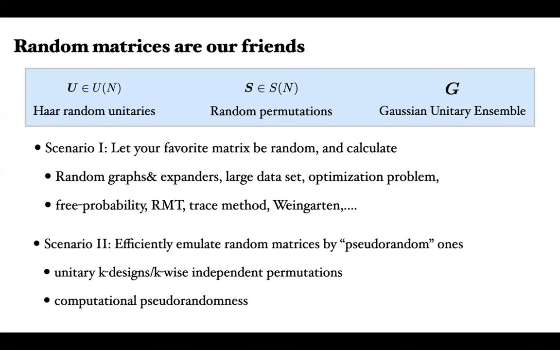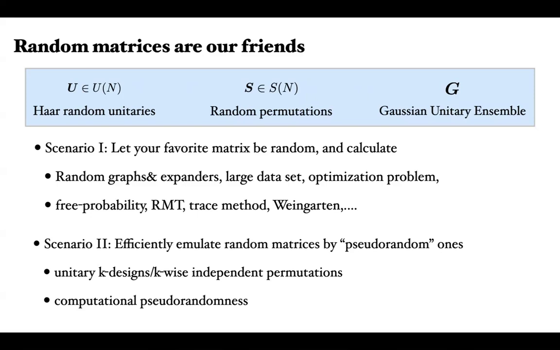In the first scenario, when you encounter some problem, you would just set your favorite matrix to be random. That's usually not exactly the case, but you can do that as a toy model, and then use it as a starting point for more complex calculations.